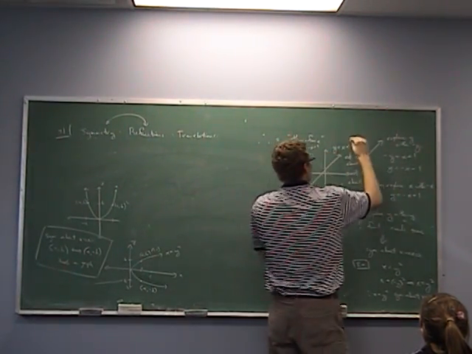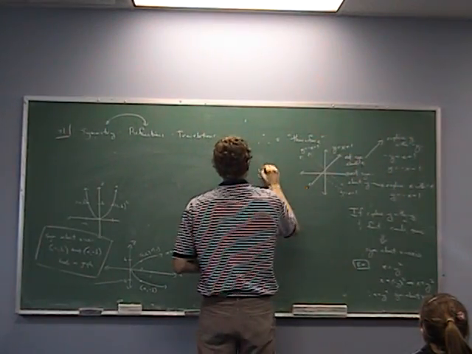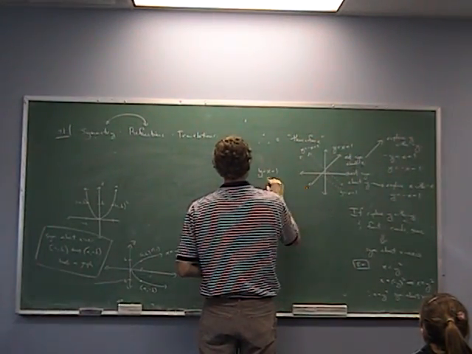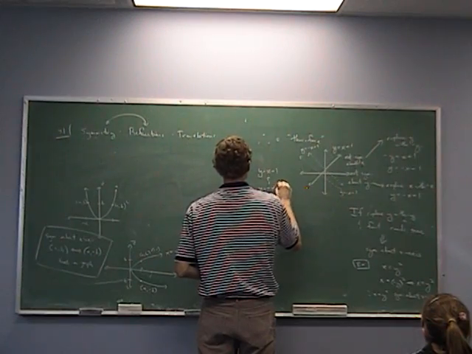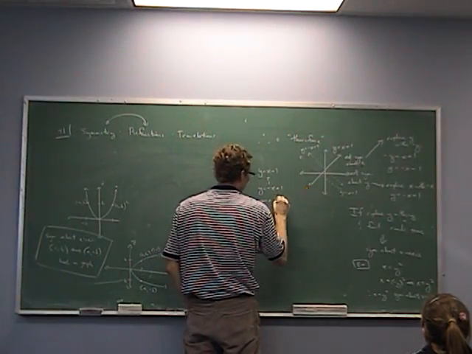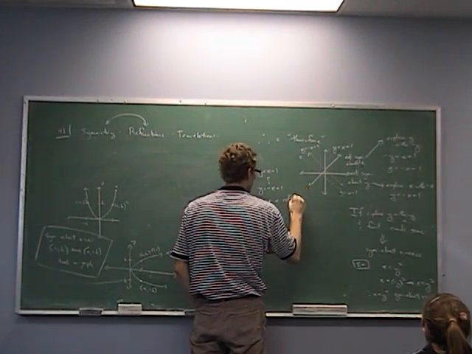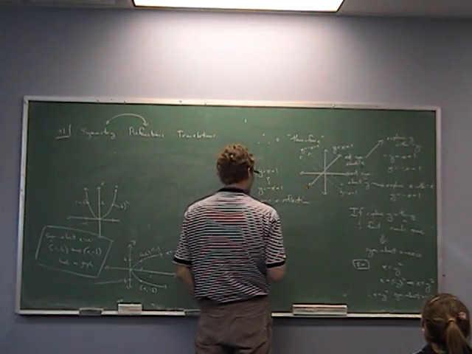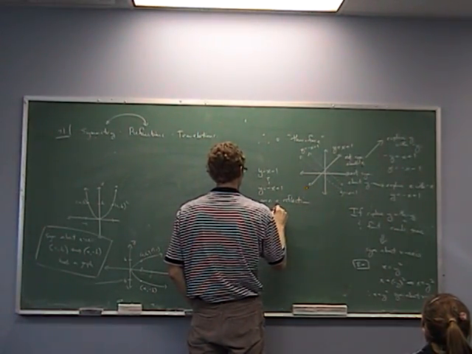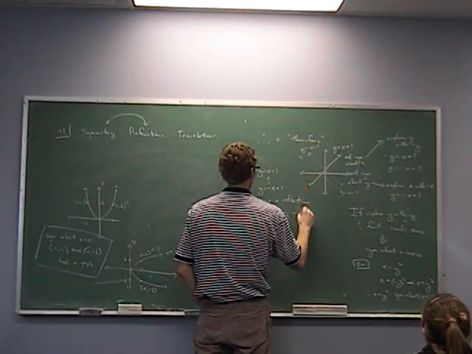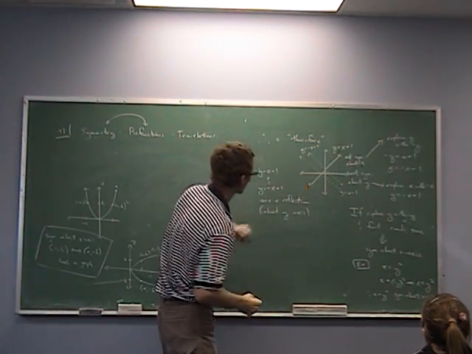Let me be clear about it. So, y equals x plus 1 and y equals negative x plus 1 are a reflection, and in particular are a reflection about the y-axis. Why? Because I replaced x with negative x.